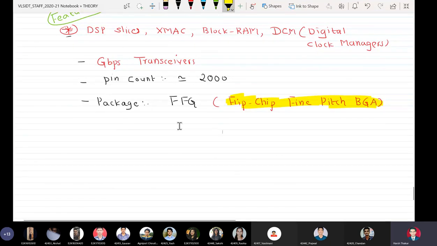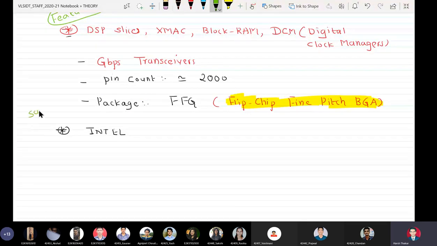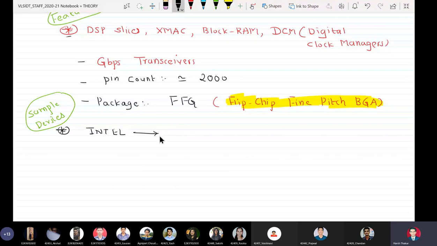Okay, and among the sample devices, we have many. From Intel, we have Stratix 10.